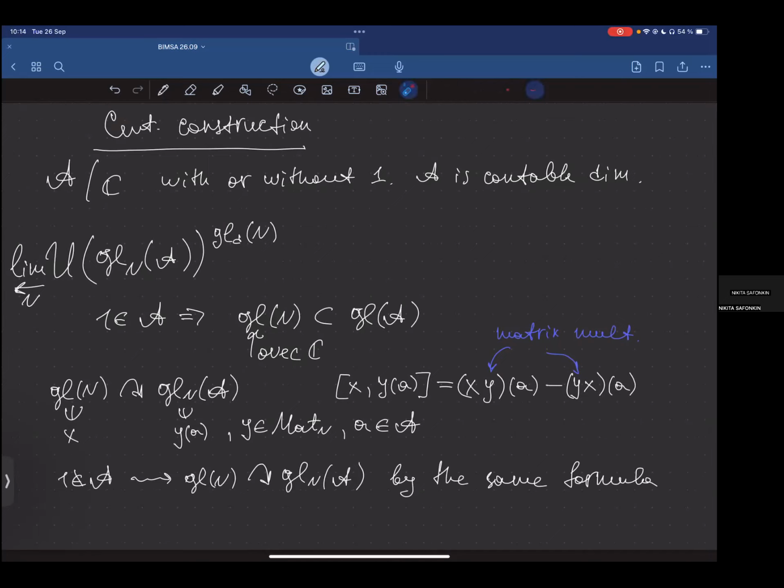I'm explaining this just because I would like some subalgebra of this GL_N to act on this universal enveloping algebra. And then I will take invariants of this action.